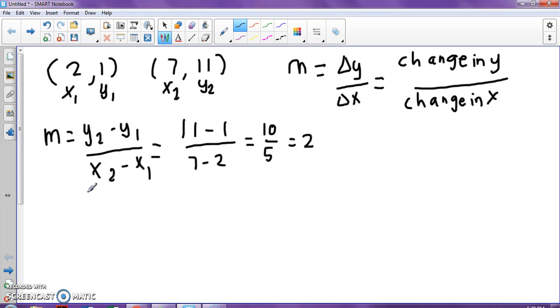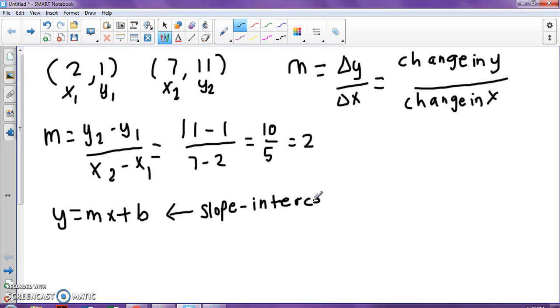Right? So probably the easiest way to do this is to use slope-intercept form. So y equals mx plus b. So this is what we call slope-intercept form, which is the main form that we use in statistics. Slope-intercept form of a line, right? So we're just going to pick a point. Right? Come back up here. And so I'm just going to pick this point. I'm going to label it x, y.